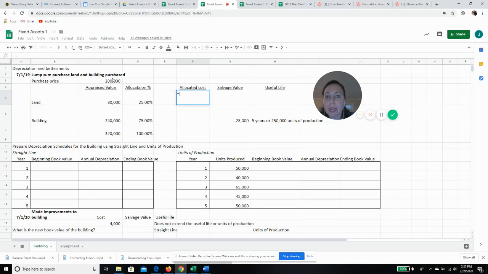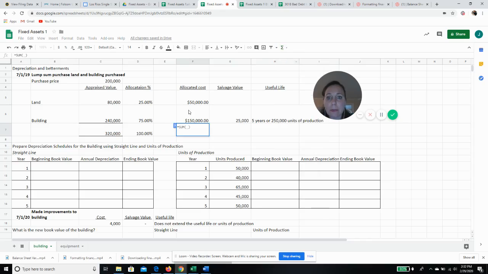So I'm going to multiply 200,000 by the allocation percentage of 25% for the land, and that means I'm going to allocate $50,000 of my purchase price to land. Then I'm going to multiply the purchase price by the allocation percentage for building, and I get $150,000 is the total allocated cost to the building.